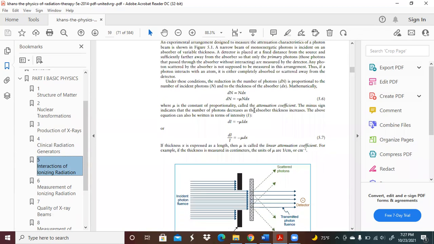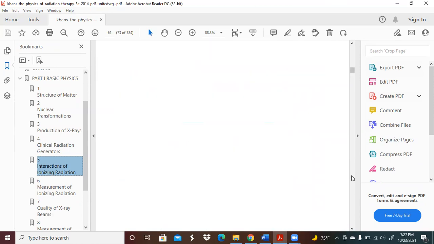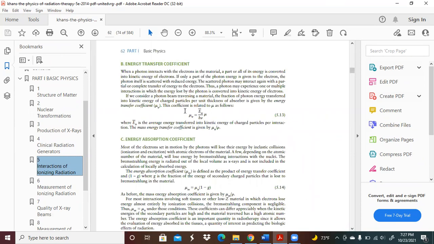Remember, you have the linear attenuation coefficient, which tells you if you move in a straight line exactly how your beam is going to be attenuated. But we can take that concept and expand on it. We can have the energy transfer coefficient, which is going to be the average amount of energy divided by the energy of that particular wavelength, multiplied by the linear attenuation coefficient. So this mu sub what appears to be a tr is going to be your energy transfer coefficient.